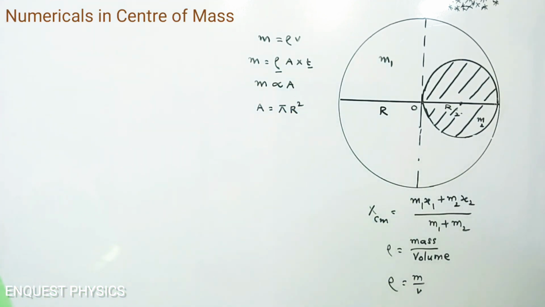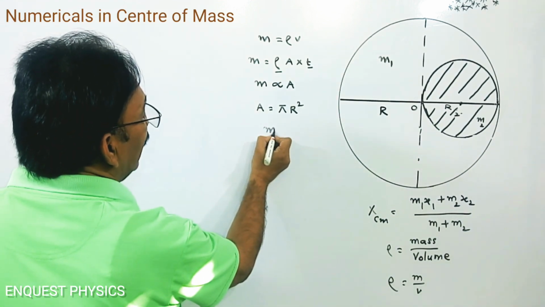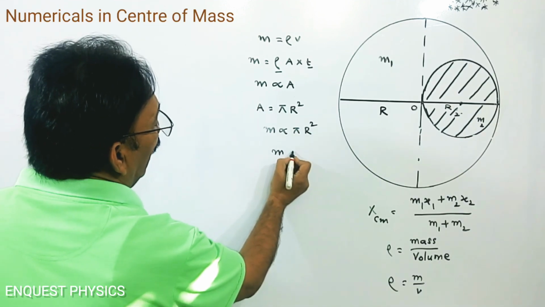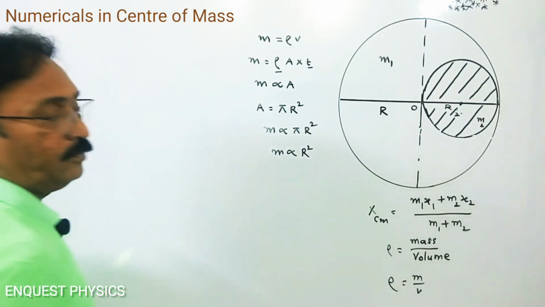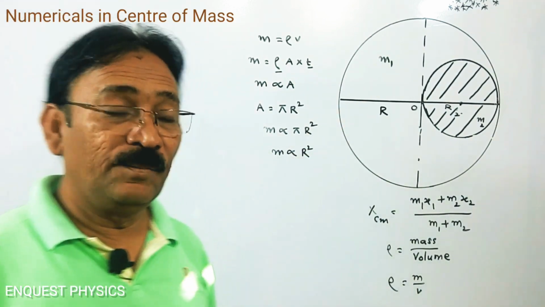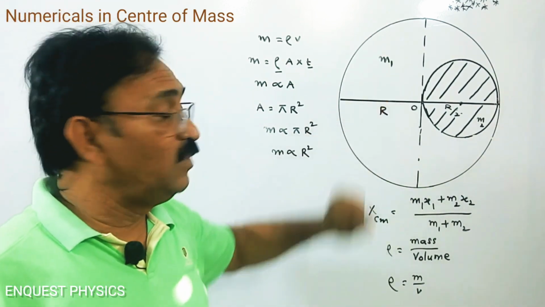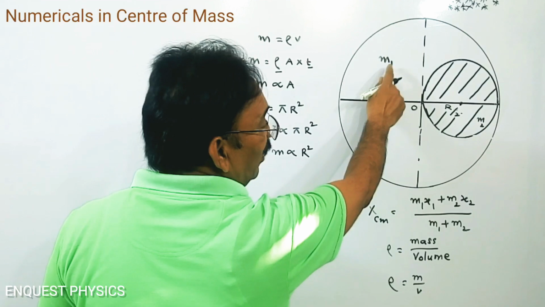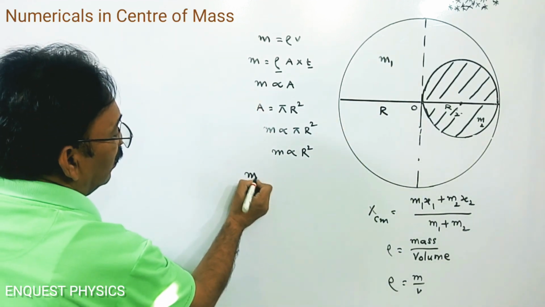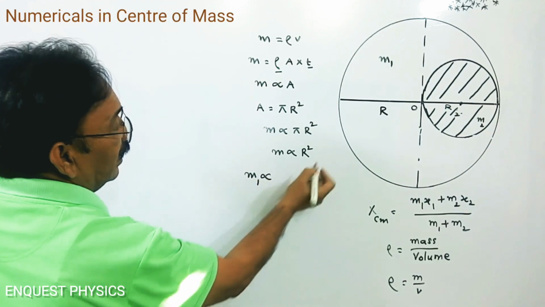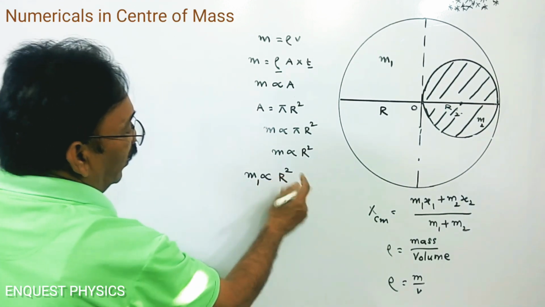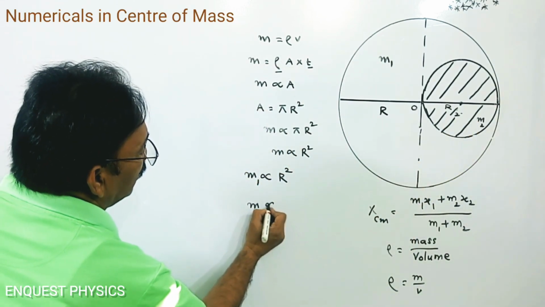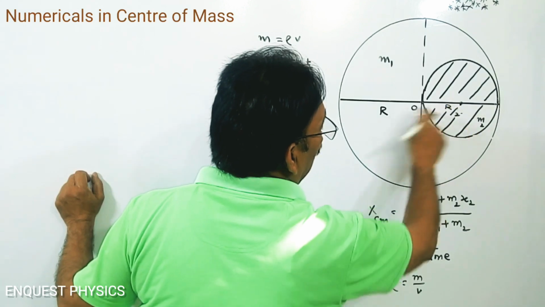Are you getting me, students? It means the mass can be written as pi into r square, where pi is another constant, and mass is proportional to r square. The mass of the plate is directly proportional to the square of its radius. I am taking the first mass, that means m1 is proportional to r square, and the second mass, m2, is proportional to r by 2 whole square, since the radius of the removed plate is half of this one.